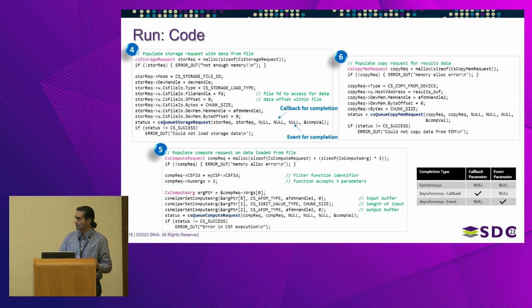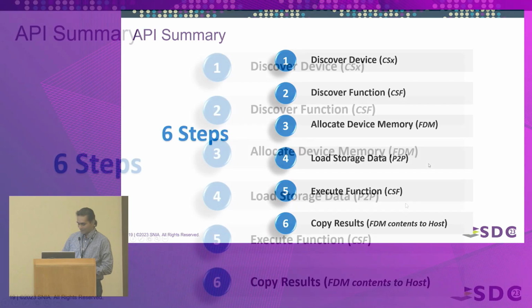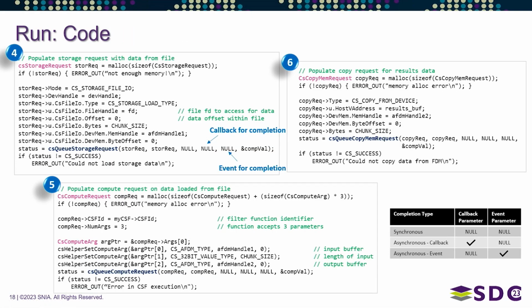So here is the total code that is required to do the run, which is load data on the device, run the function on the device on the data that was loaded, and lastly, copy the results that were the output of the function that was run on the device. This is all the code that is really required. I know it's a little small, but that's it.